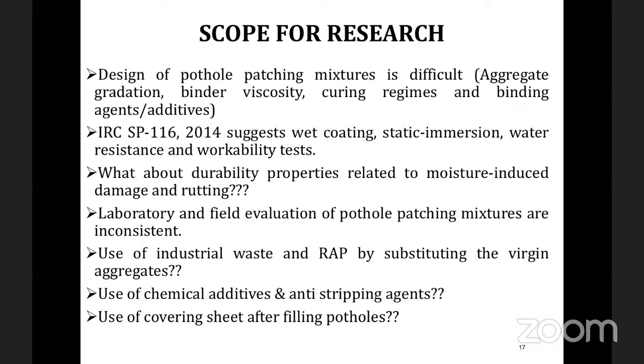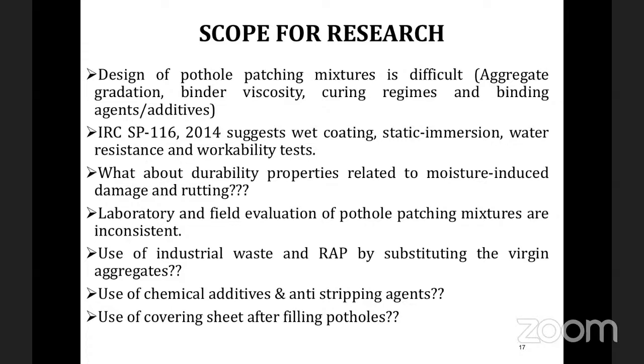Next is the use of industrial waste and RAP, that is reclaimed asphalt pavement. There is a lot of RAP, and it already contains some binder, so we can work out RAP in pothole patching mixes. And industrial waste like steel slag, which has some pores.